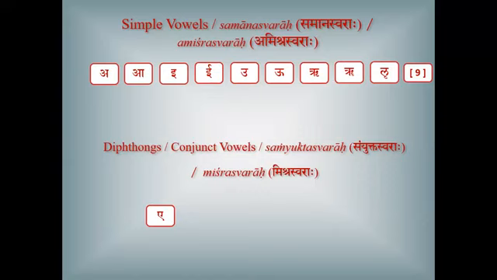A, I, U, and R are long vowels. So 5 short vowels, 4 long vowels, 5 plus 4, 9 total simple vowels.